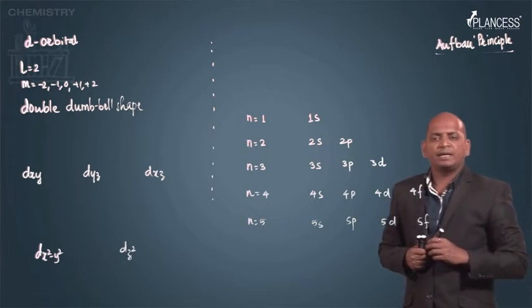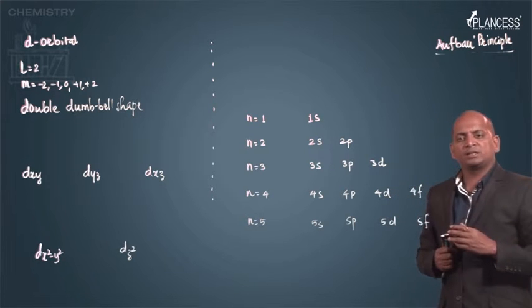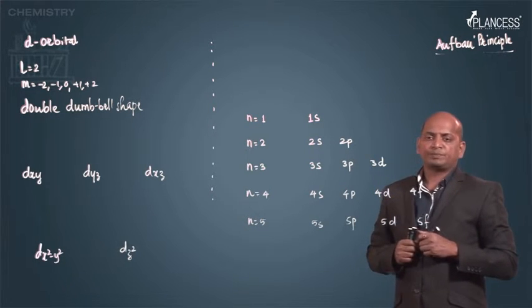So what is the criterion for lower energy and higher energy? That was defined by Aufbau.